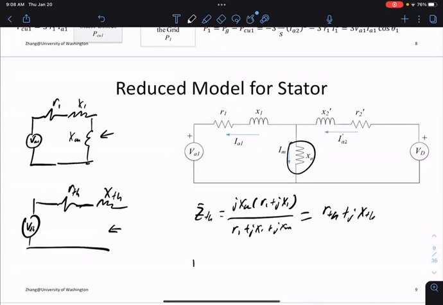Then the voltage is just a voltage divider again: JXM times VA1, divided by R1 plus JX1 plus JXM. This is VTH.